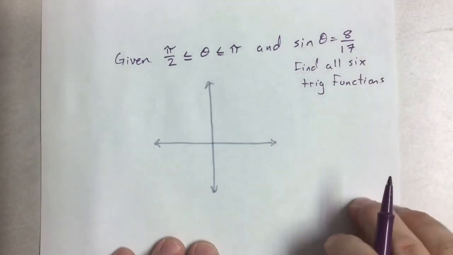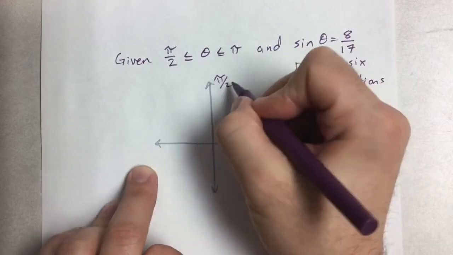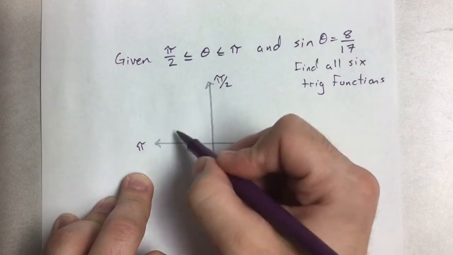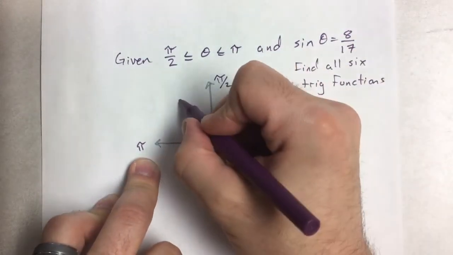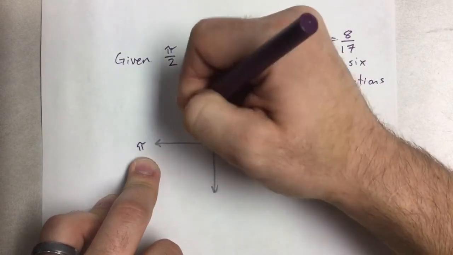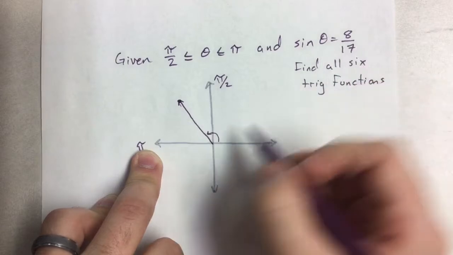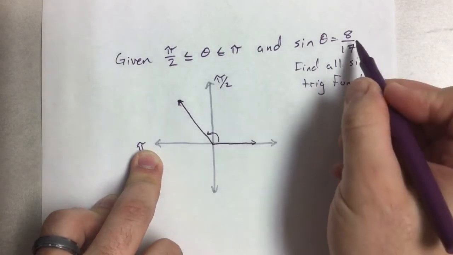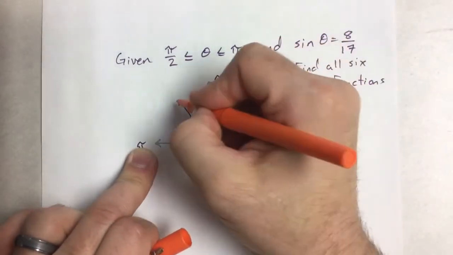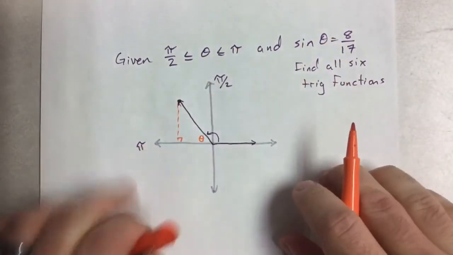All right, so pi over 2 to pi, so pi over 2 is in the 90 position, pi is in the 180 position. So we're in this region, and we have sine of theta is 8 over 17. So we make our reference triangle, drop our line to the x-axis. Our theta is touching the x-axis.